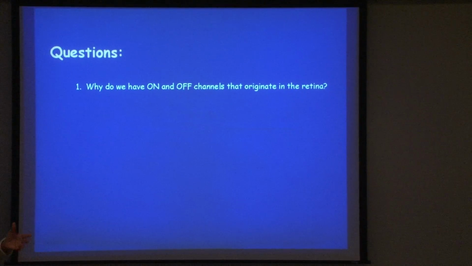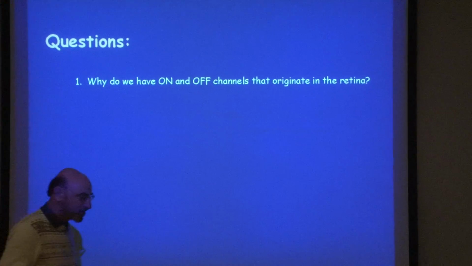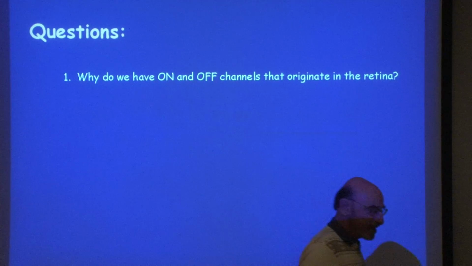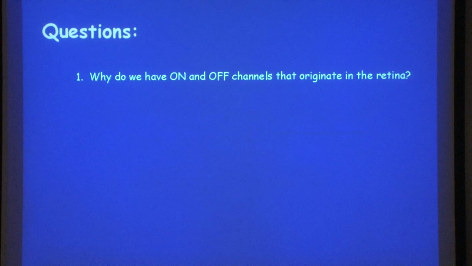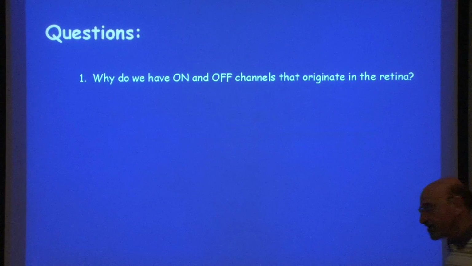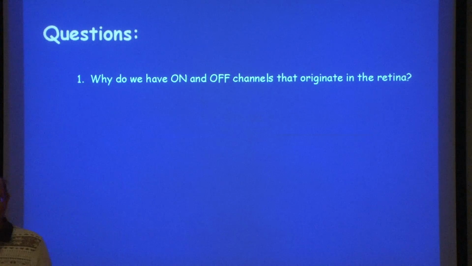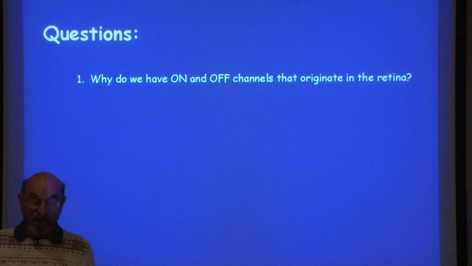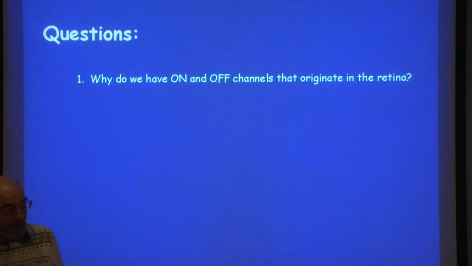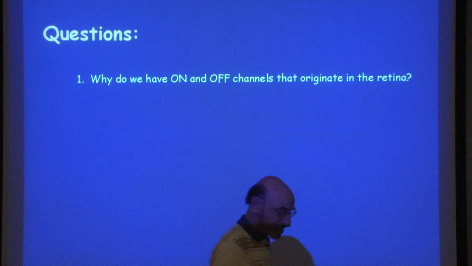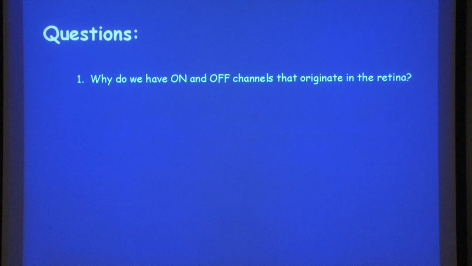What is their function? As I've already indicated before, it is rather complicated to have created these two channels, and therefore there must have been a great deal of evolutionary pressure to accomplish this. So that's the prime question we're going to ask.